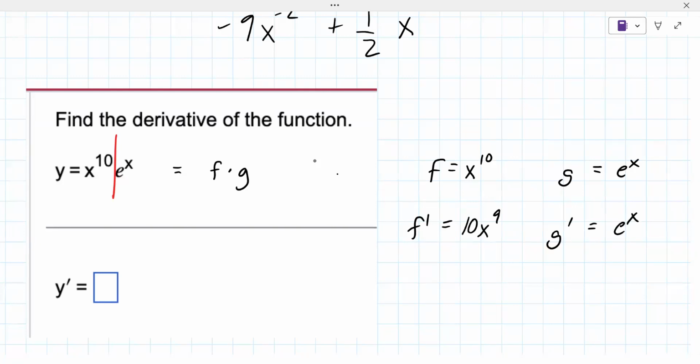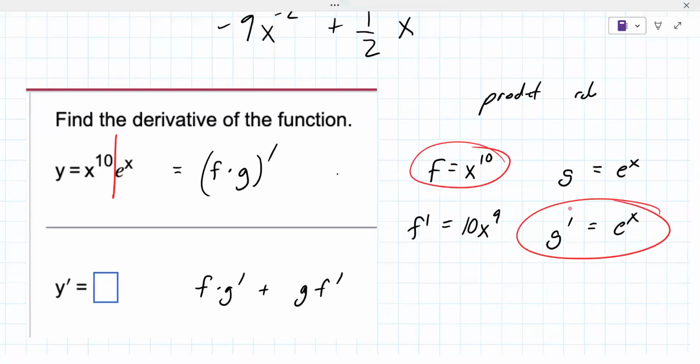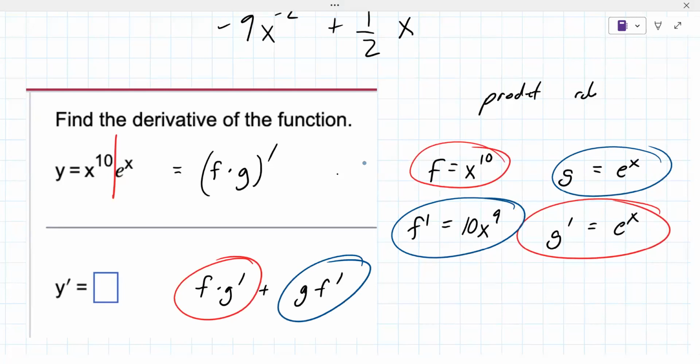Good. So the product rule derivative is going to sound really similar to what we've been doing. It's the first times the derivative of the second plus the second times the derivative of the first. You can rearrange it if you prefer different language: f prime g plus g prime f. It doesn't really matter. You're basically pairing up these things diagonally. You pair up an f with a g prime, and then you pair up an f prime with a g, like that.